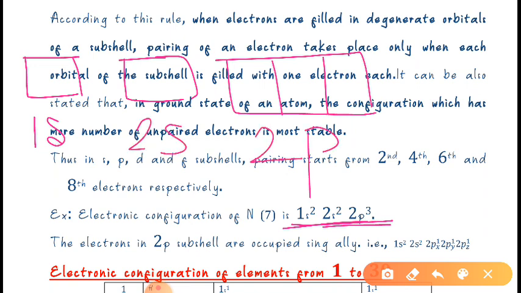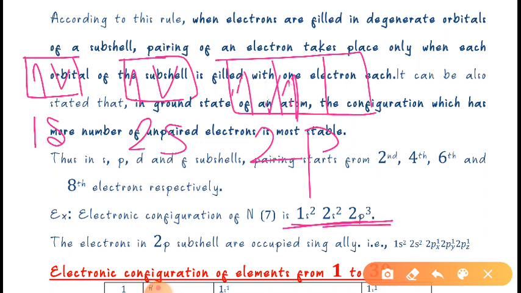According to Hund's rule, first this one will be filled, after that this, then after that this one. We can't write it like this, it should be like this. First of all we have to fill half, after that we will fill the full.